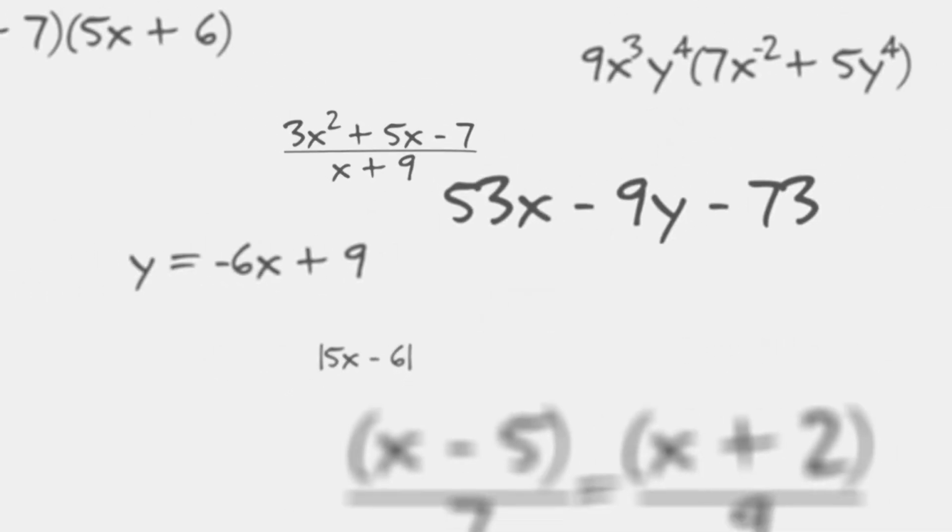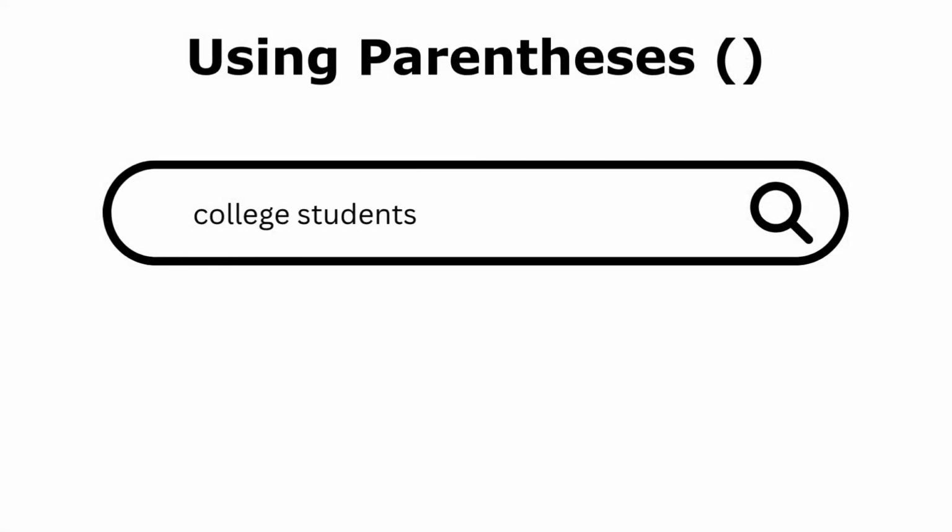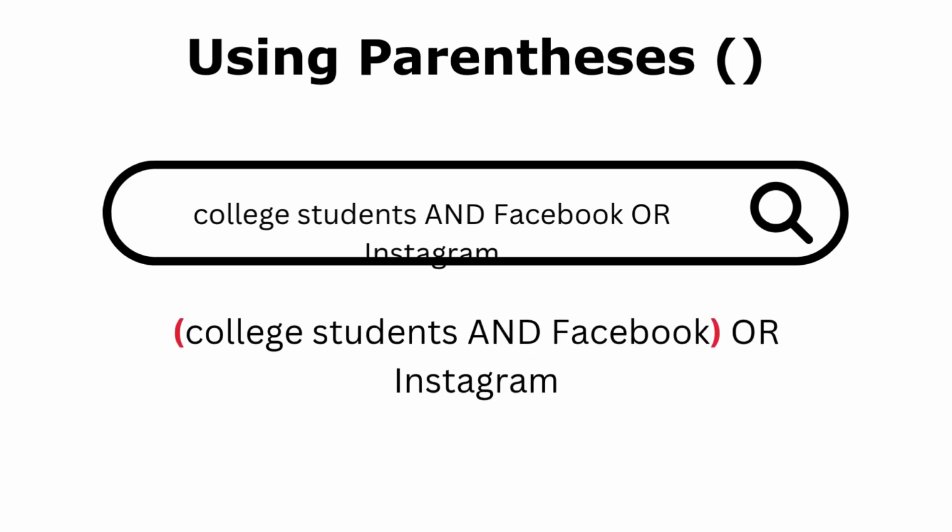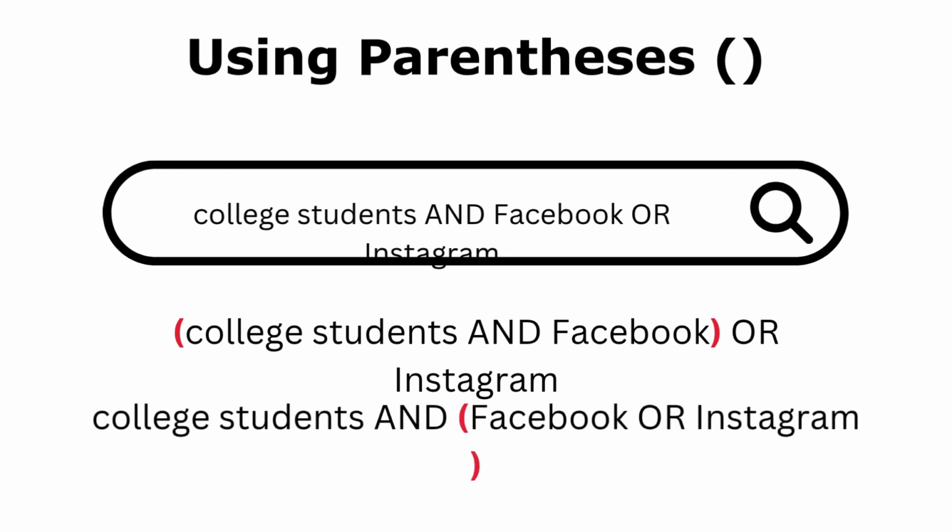For example, if you search college students and Facebook or Instagram, the database may interpret it as (college students and Facebook) or Instagram, or it might be read as college students and (Facebook or Instagram), depending on the database.